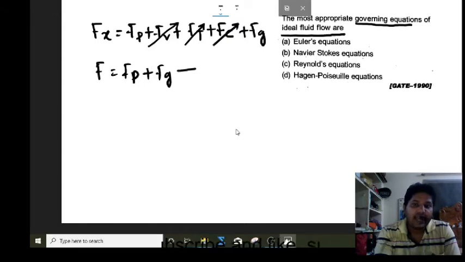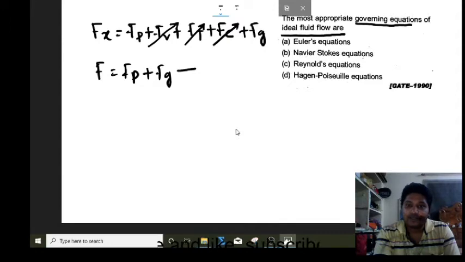And in fluid mechanics, we follow the Eulerian approach. There are two approaches: the Eulerian approach and the Lagrangian approach. In the Eulerian approach, we keep a section fixed, and we measure the properties of whatever fluid particle is at that section. In the Lagrangian approach, we trace each individual fluid particle and find its properties. That is a very complex process.